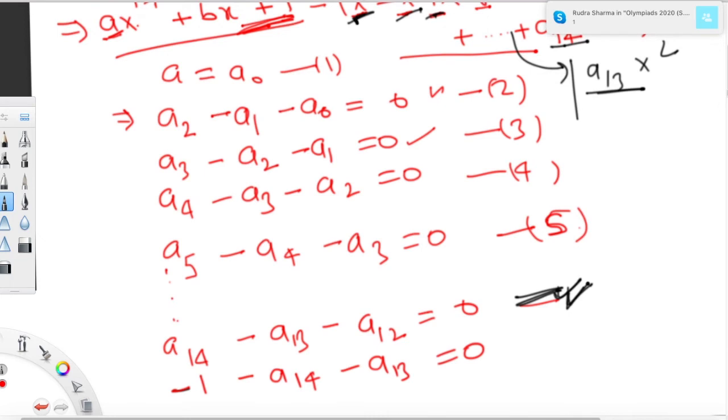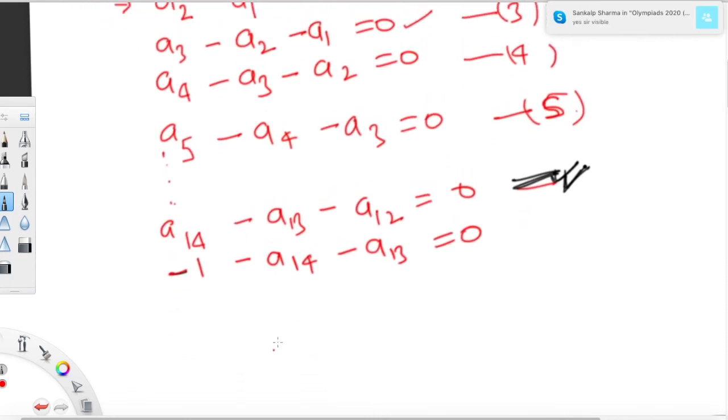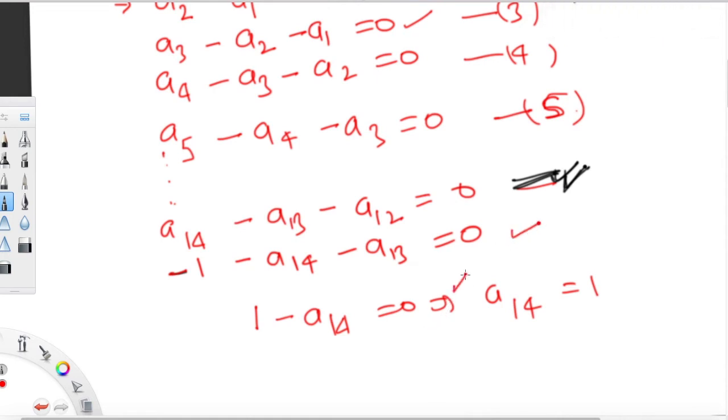And now comparing the coefficient of x, I will get 1 minus a14 is equal to 0. So it gives a14 equal to 1. So here I compare the coefficient of x square, here the coefficient of x, and I get a14 is equal to 1.